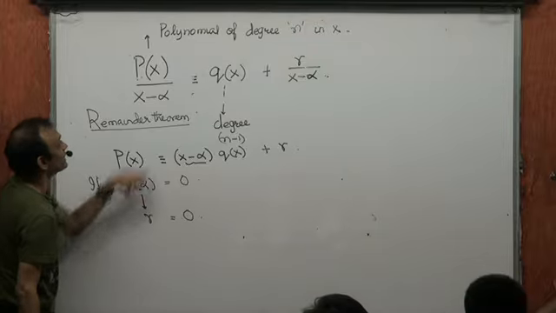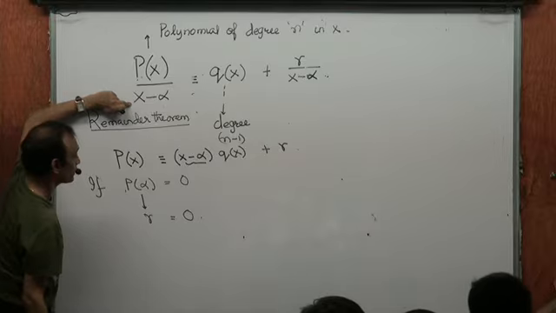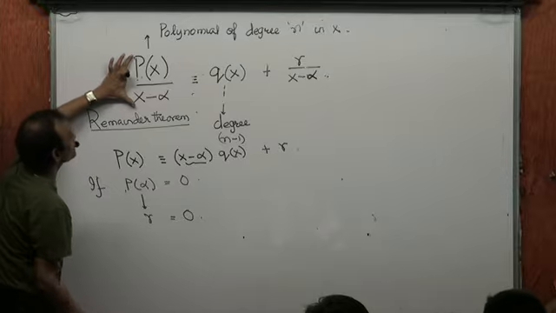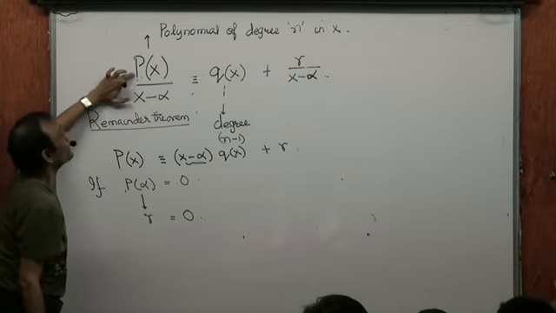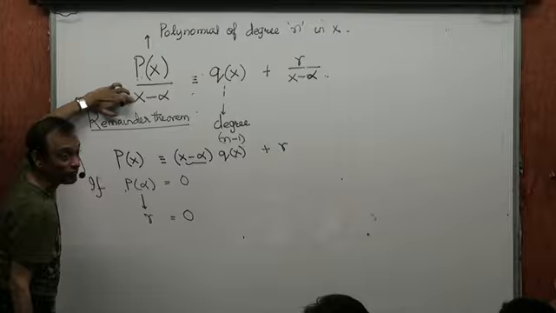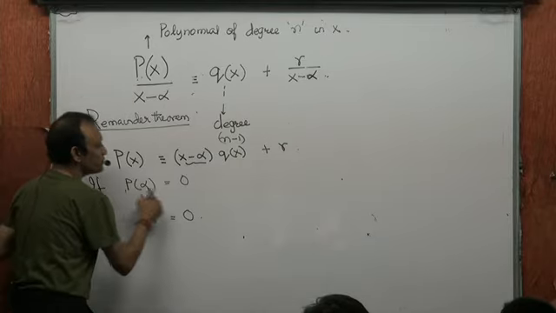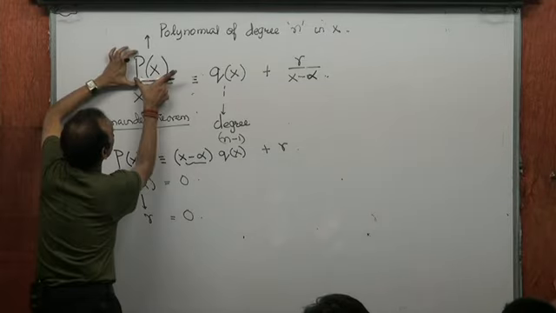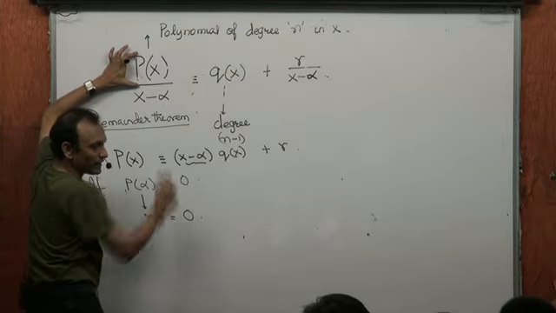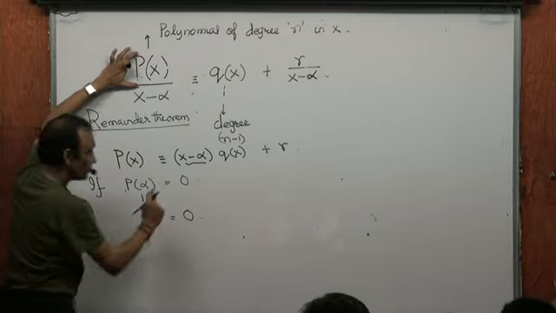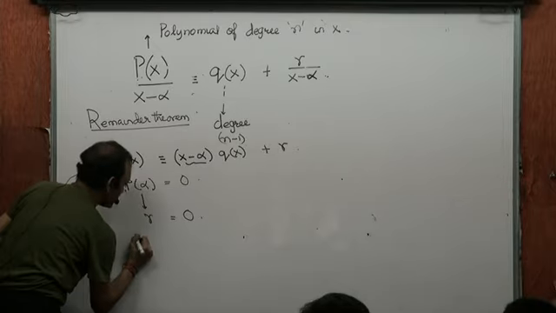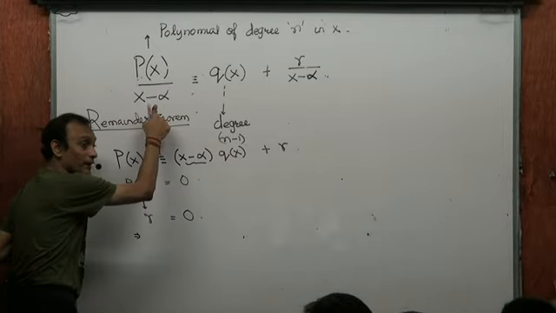P(alpha) is the remainder when P(x) is divided by x minus alpha. Now if the remainder of this division is 0, that means P(x) is divisible by x minus alpha. If P(alpha) is 0, that means the value of the numerator at x equal to alpha becomes 0. That means the remainder is 0. And if the remainder is 0, that means P(x) is perfectly divisible by x minus alpha.